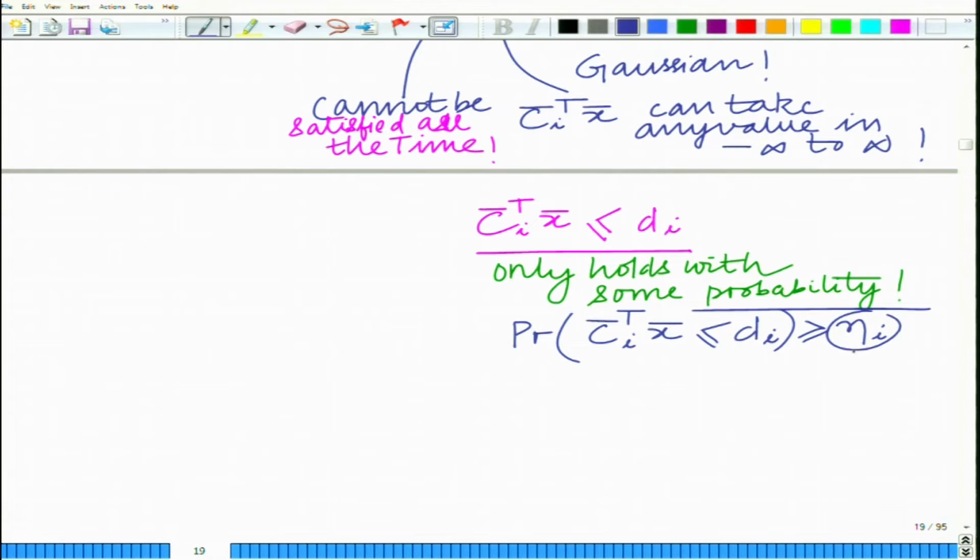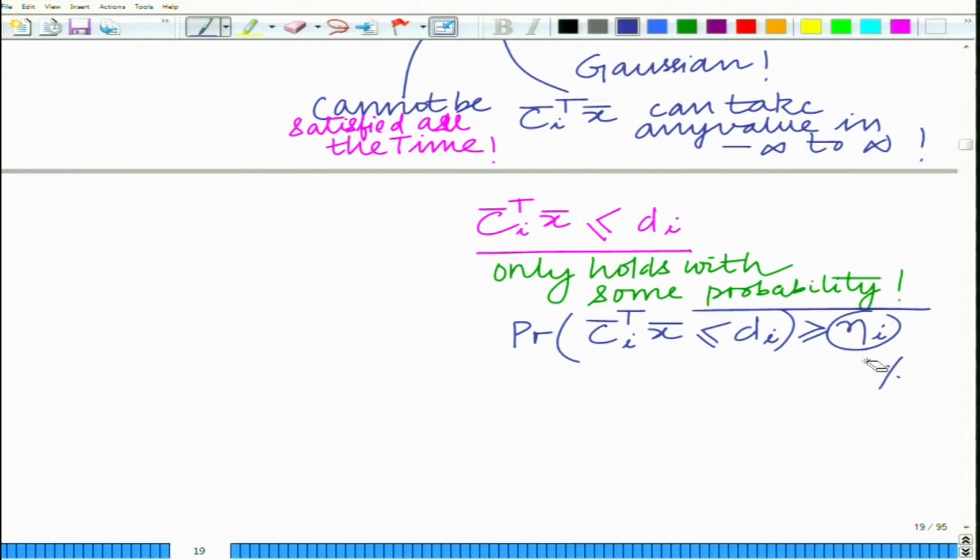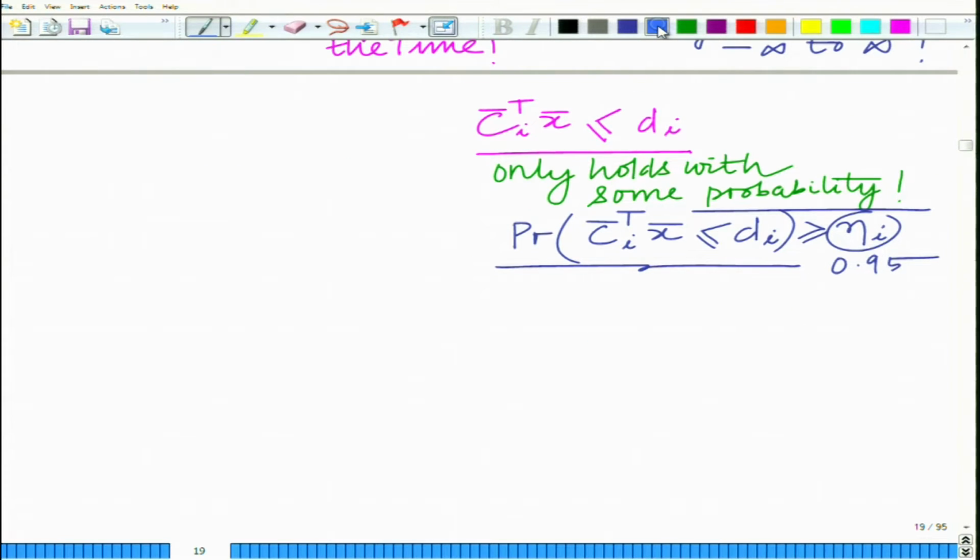For instance, eta I can be, let us say, 95%. Just take a simple example: eta I is 0.95, which means this constraint has to hold 95% of the time.